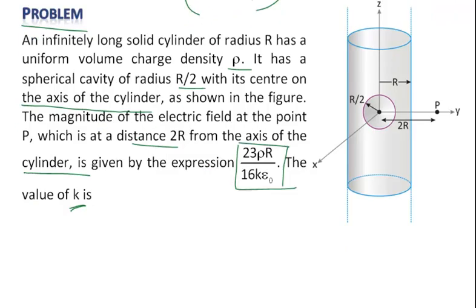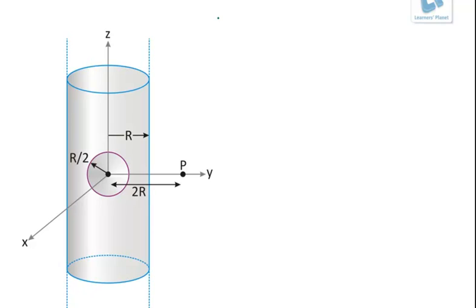Now, this problem is to be attempted applying Gauss theorem at point P, considering 2 different cases. In the first case, we will assume that there is no cavity inside the cylinder, and then we'll find out the electric field at point P only due to the complete cylinder, or we can call it E1.